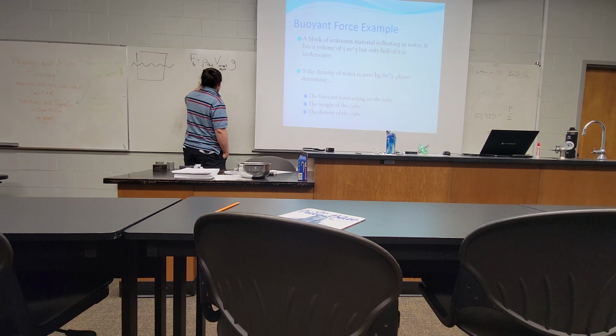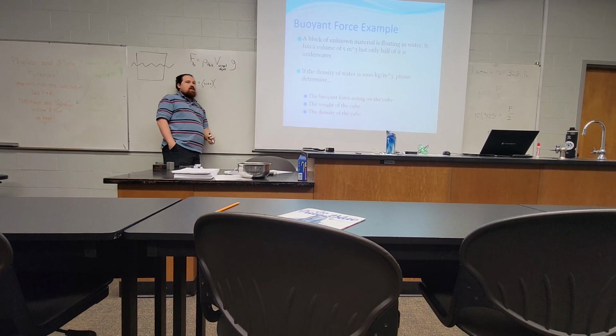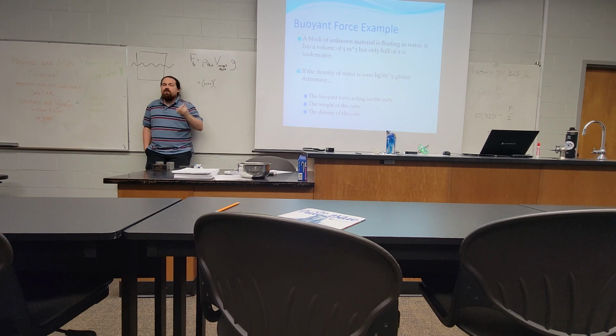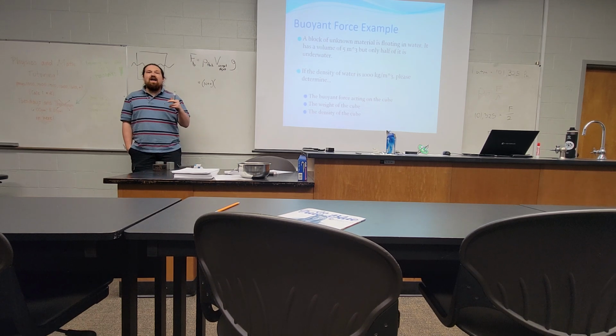Water density of 1,000. Now, what should we put in for volume given what I said about how much of it is floating? 3.5, or should we do 2.5? Oh, yeah. We cut it in half because only half of it is underwater, only half of it is displacing any water.